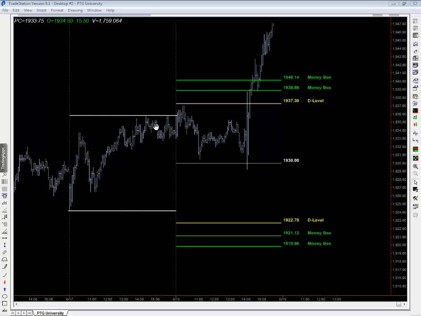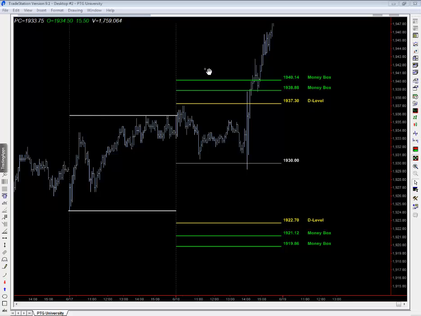Simply, the D level is the 113 extension, and then the money box represents the 127.2 to 138.2. Real easy to calculate, and we have the midpoint of that range.